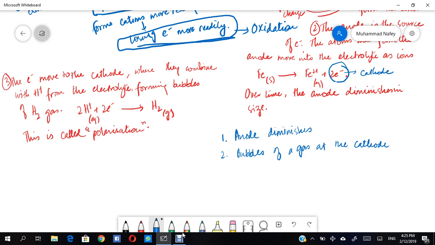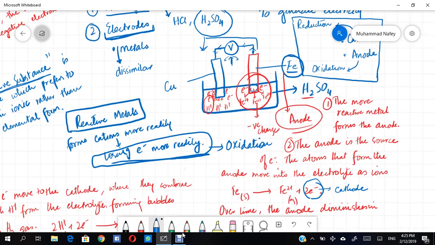Now, very important thing. As the reaction proceeds and continues as time passes, the anode becomes progressively smaller and smaller. That means that a time will come when there will be no anode left to continue with the electrolysis, to continue with generating electricity. Therefore, over time, the cell would wear out.